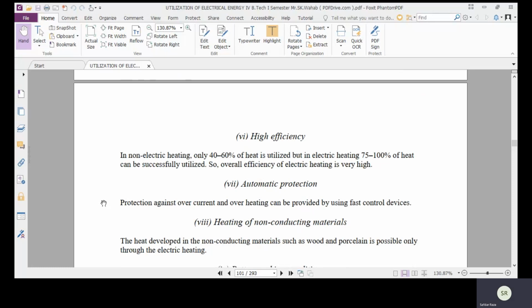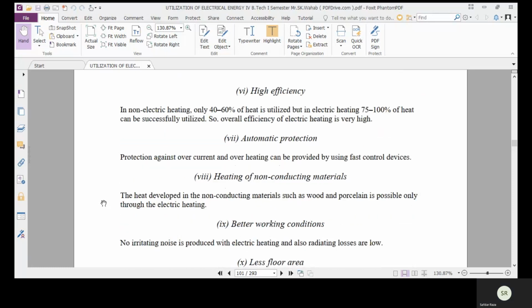The next advantage is heating of non-conducting materials. The heat developed in non-conducting materials such as wood and porcelain is possible only through electric heating. So here we can easily heat such types of components, such types of materials.